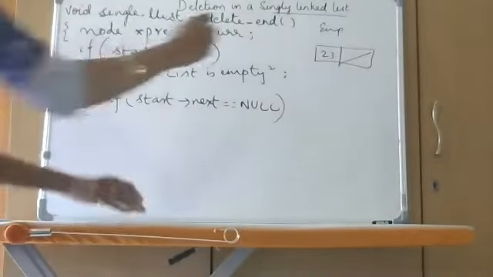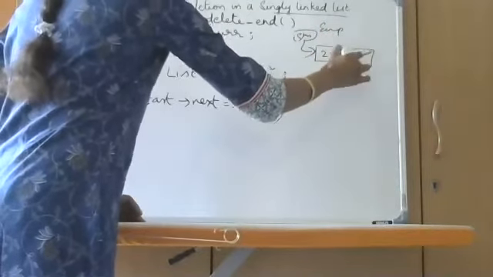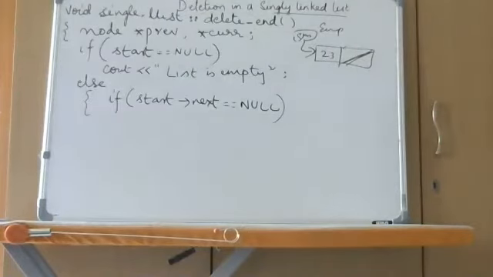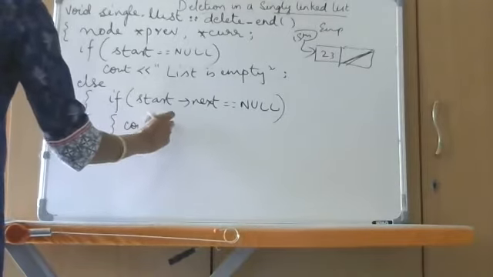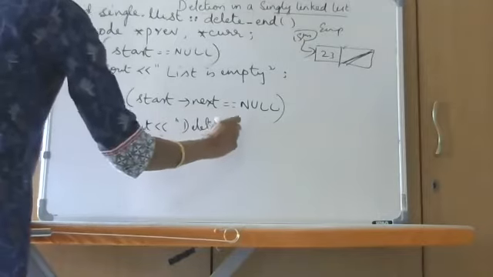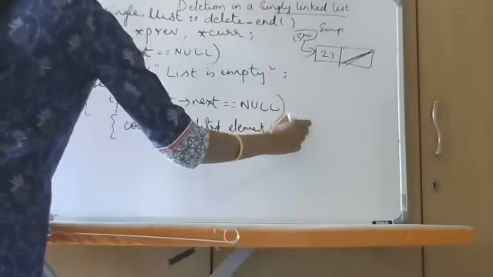Start is pointing at this node. Start of next is this one. This is null. So that means there is only one node in the list. So I'll write cout deleted element is start of data.